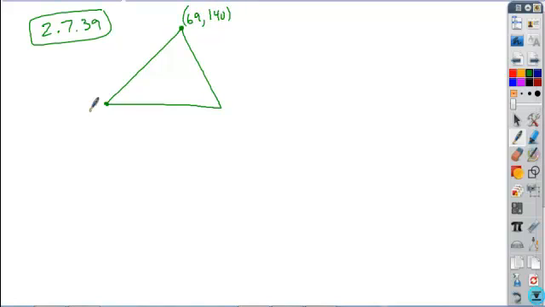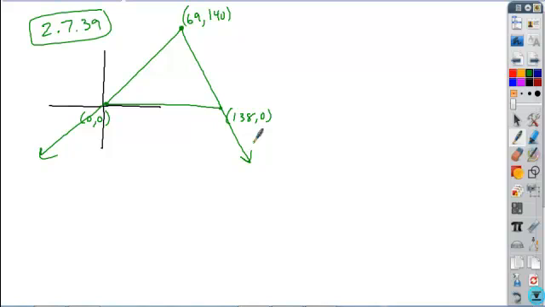This point down here represents the origin 0, 0. And this point here would be 138 and 0. And so what it's asking you basically is what's the equation for this, assuming that this was your coordinate plane right here, and this was your graph.